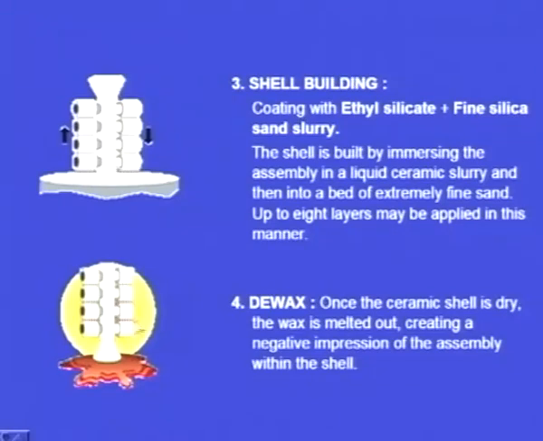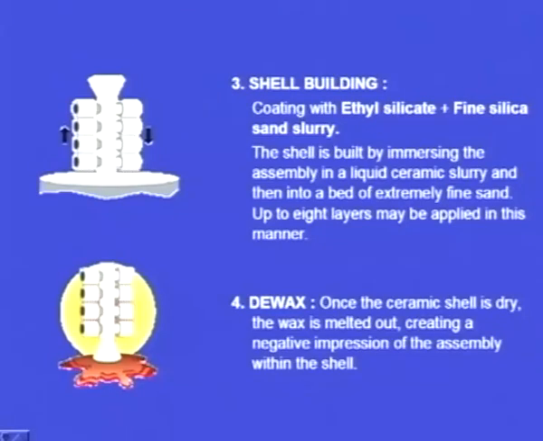We make a coating on this assembly with this fine slurry. Now, over the surface of these wax pieces, the slurry coating is there. This fine slurry coating will help us get a very fine surface finish, or it forms a fine shell outside the wax pieces.